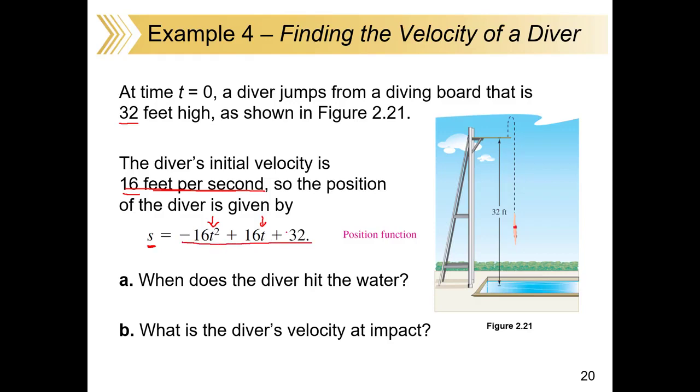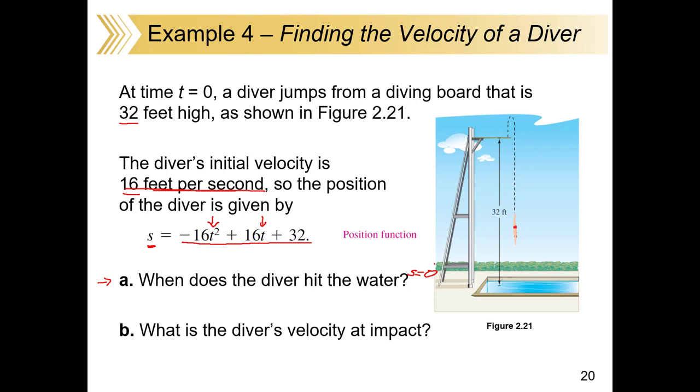and do that calculation. Now it asks the question here, when does he hit the water? Okay, what does that mean? Well, when he hits the water, here's the key. When he hits the water, he's 0 feet above the water. Duh, right.